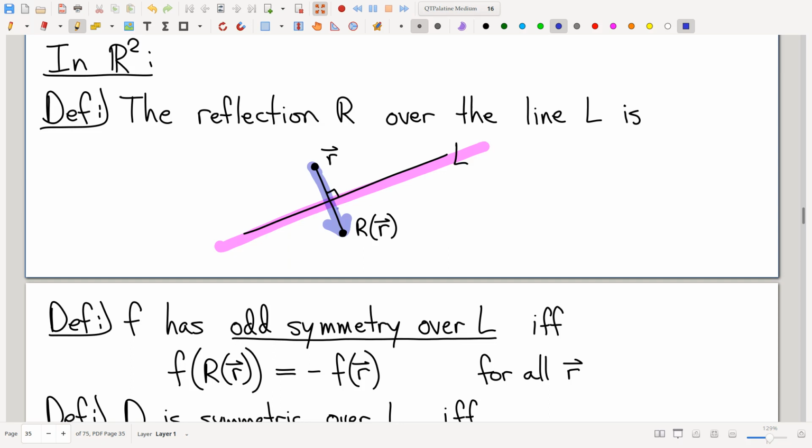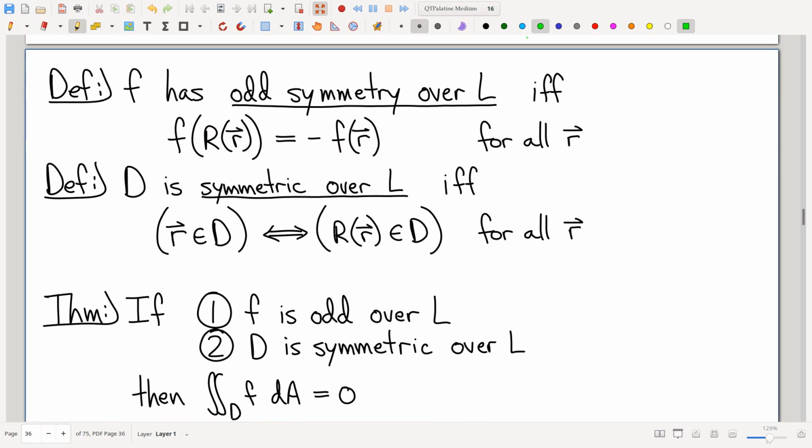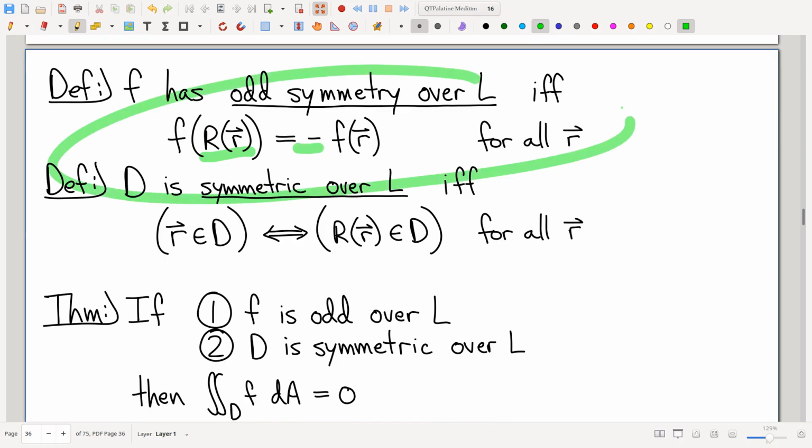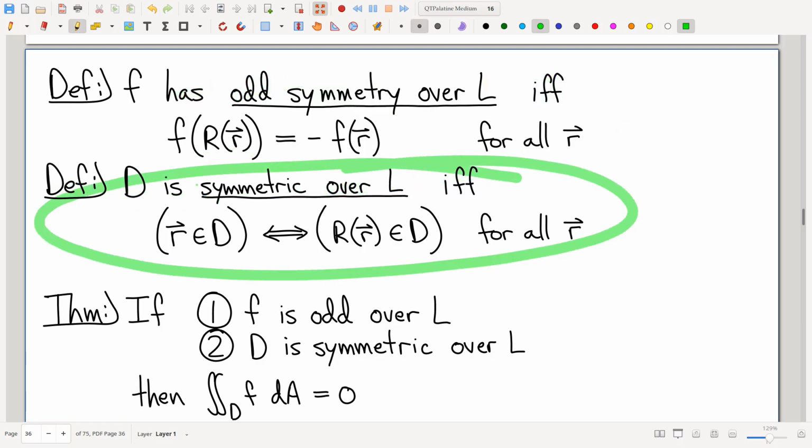And then we make the same sorts of definitions. Odd means that reflecting the input negates the output, just like in single variable. Symmetric means that it is its own reflection. It means if you reflect the set, you get the exact same set.